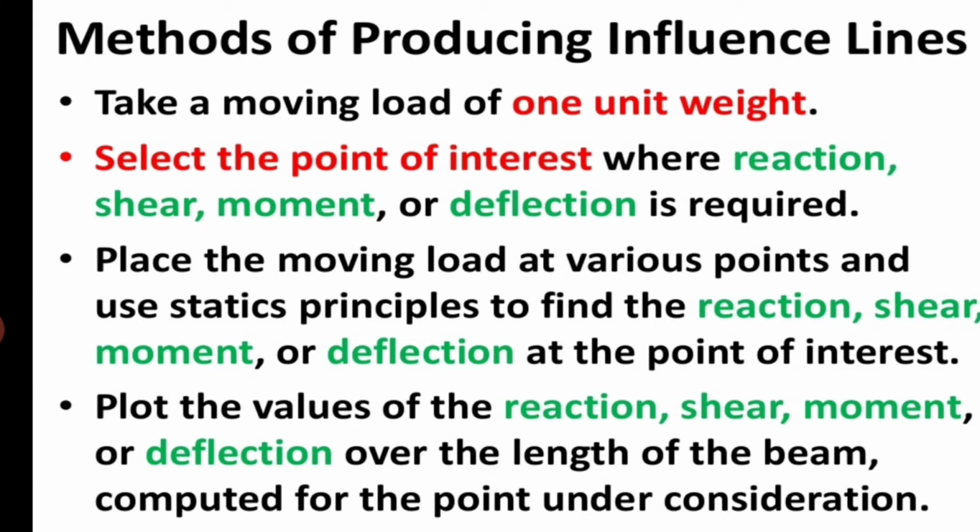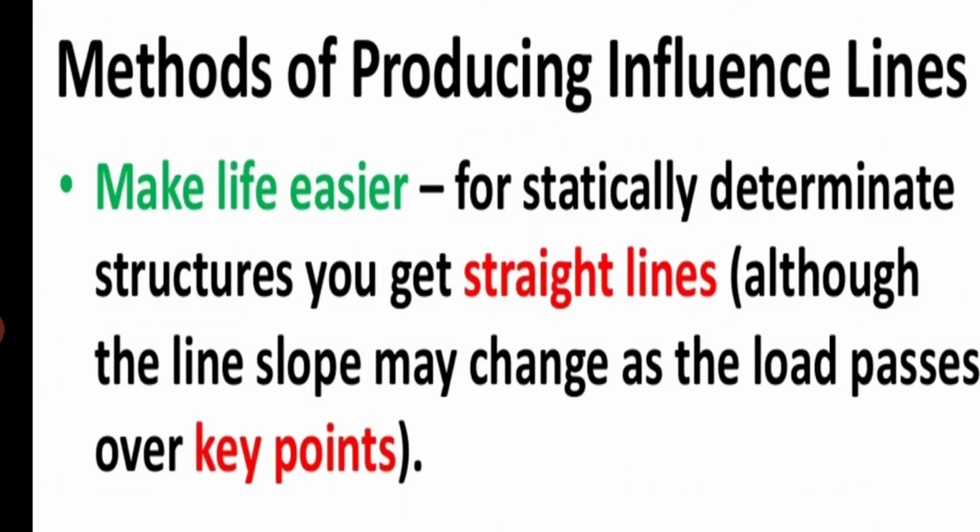There are lots of options to move your unit weight, and where it is moved and where we get the maximum shear, bending moment and deflection can be known using this method. So the method of producing influence lines makes life easier. For a statically determinate structure, you get straight lines, although the slope of the line may change as the load passes over the key points.